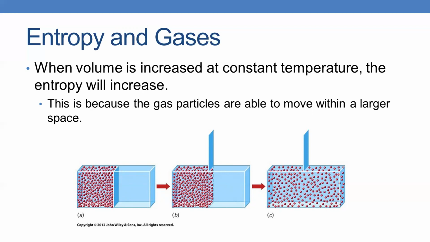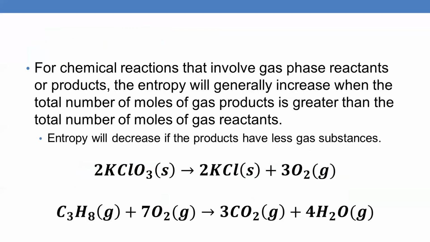That's what this picture shows: if you had a container with a wall in the middle and you removed that wall so the gas particles could spread out even more, that would cause an increase in entropy. Or if you were to condense the volume down, that would be a decrease.